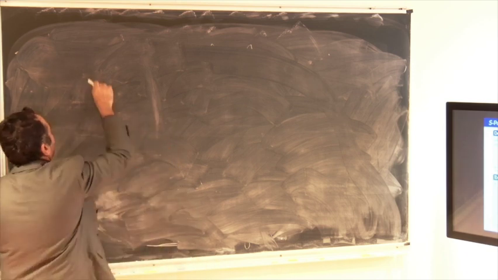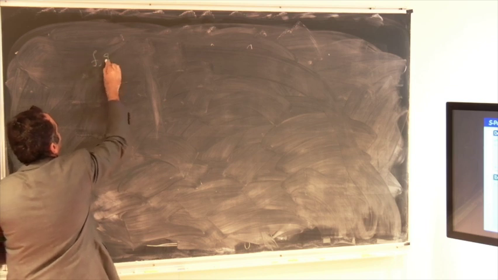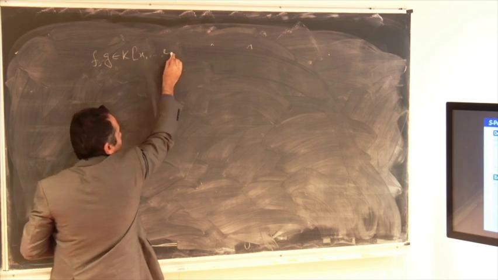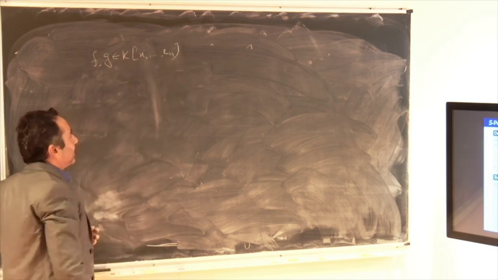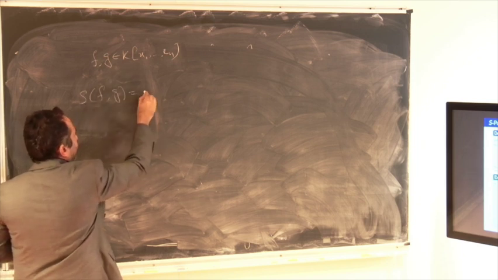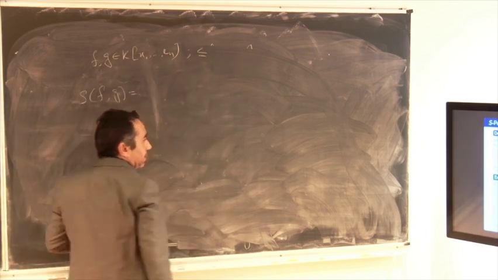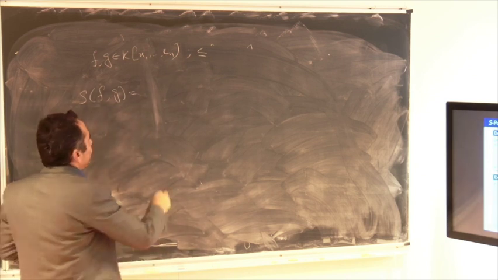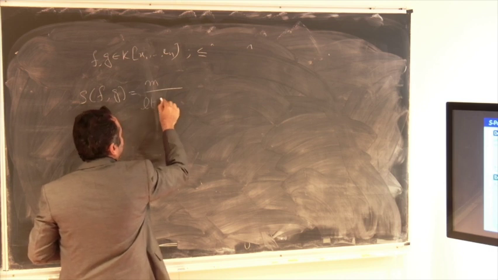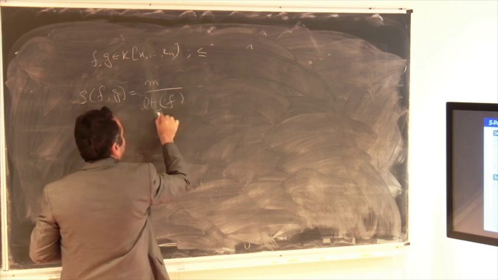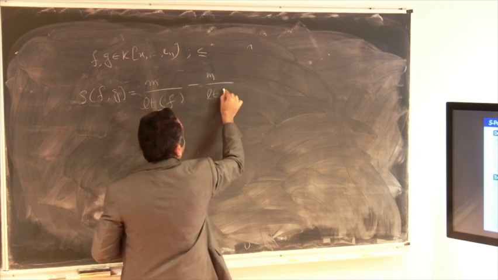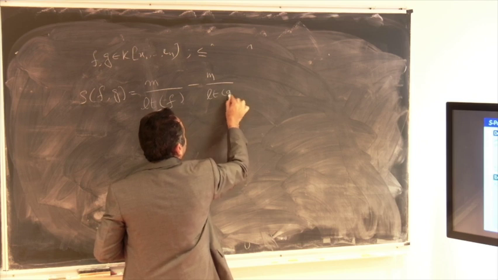So let's say f and g belong to k[x1, ..., xn], and then the S polynomial of f and g, where we fix some ordering, is m over the leading term of f times f, minus m over the leading term of g times g.